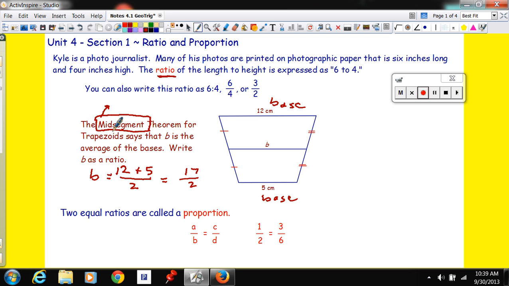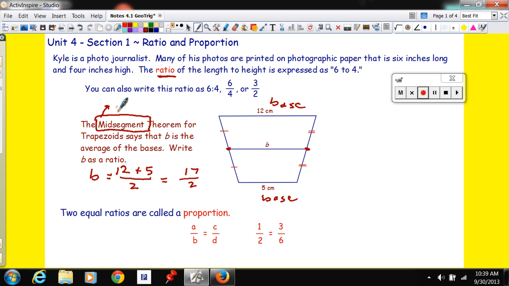If they're calling it a mid-segment, it sounds like a middle segment, which is basically what it is. If you look at this letter B right here, you see this point where I'm making a dot? That's a midpoint because I got two equal pieces. So this point has to be in the middle. And this point over here has got to be a midpoint because it's got two equal pieces.